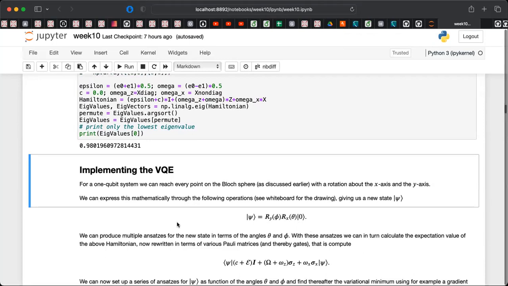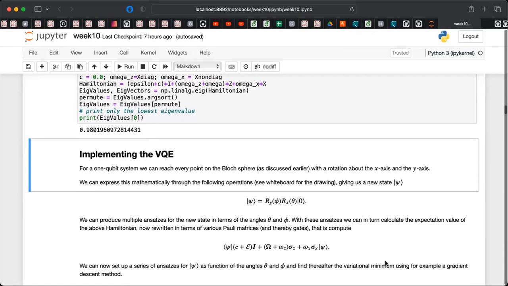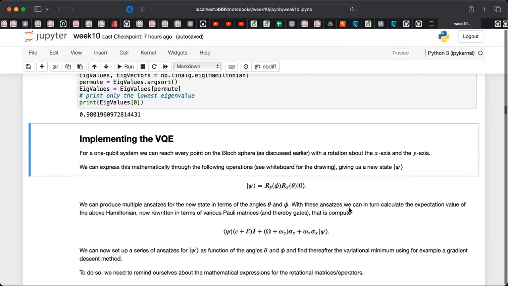And then we can produce multiple ansatzes for this new state in terms of these angles, theta and phi. And with these ansatzes, you can in turn calculate the expectation value of the Hamiltonian. So what we end up with then is to plug in these expressions and simply calculate the expectation value and then see what that gives us.